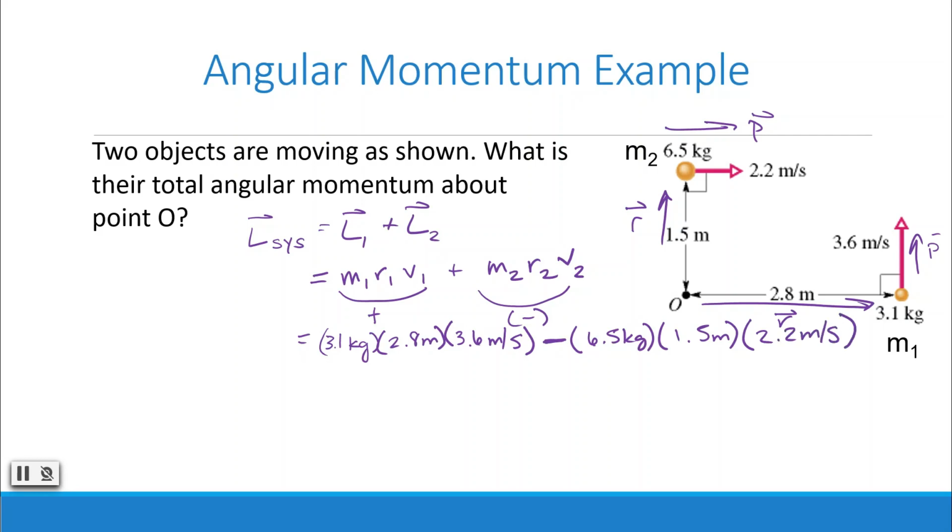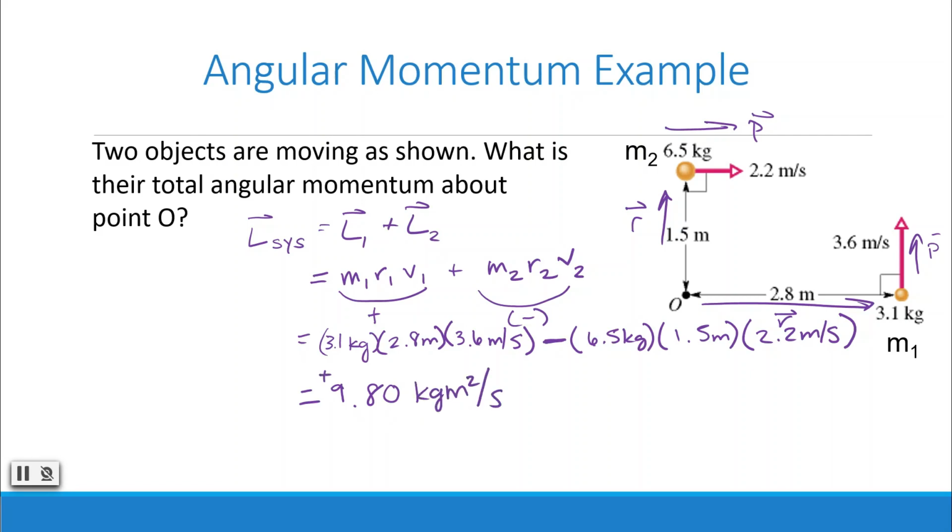Remember that your angular momentum is either going to be into or out of the page, and that is going to depend on whether this answer comes out positive or negative. In this case, I get a value of 9.79, so I'll call that 9.8, with units of kilogram meter squared per second.